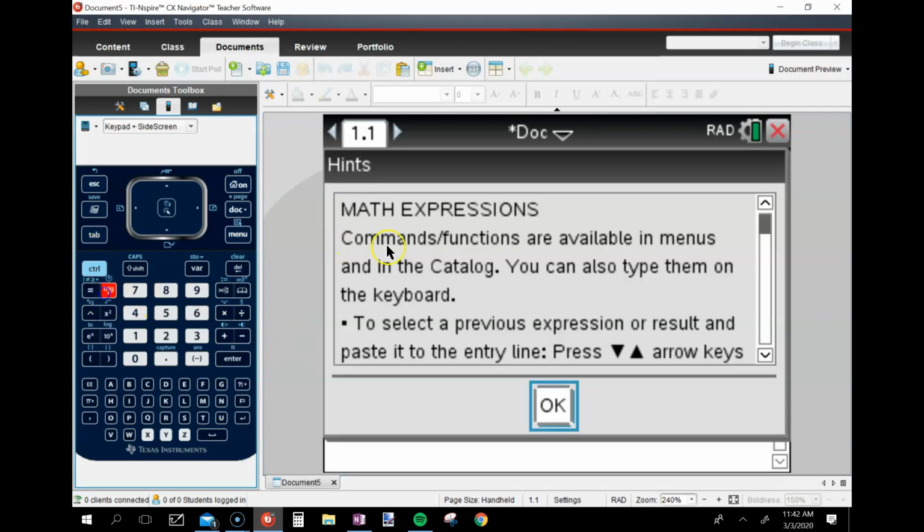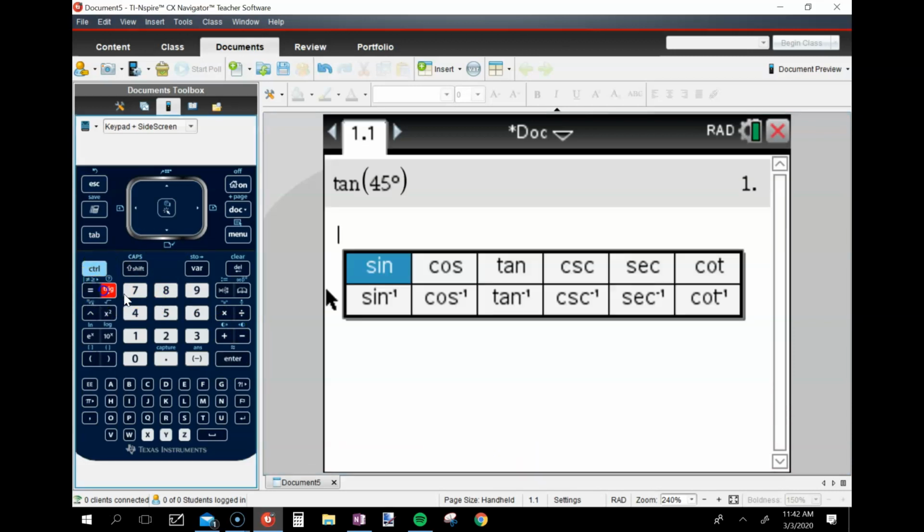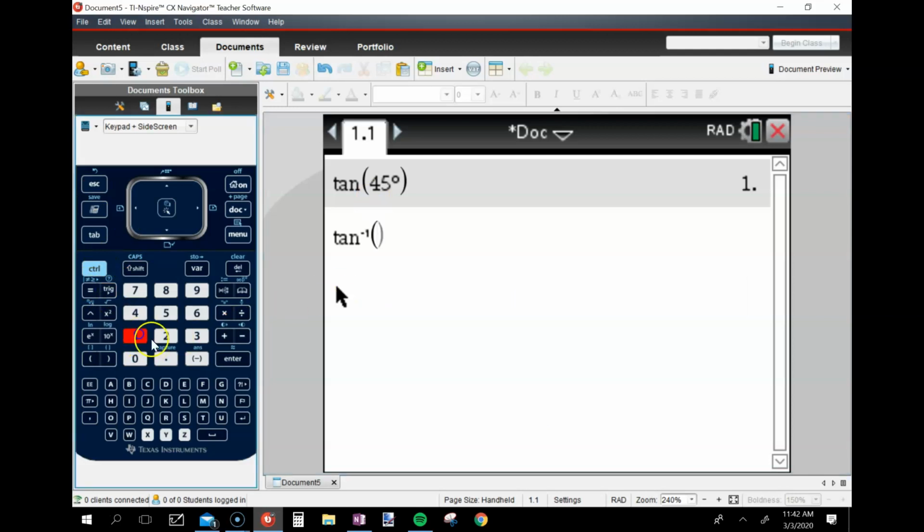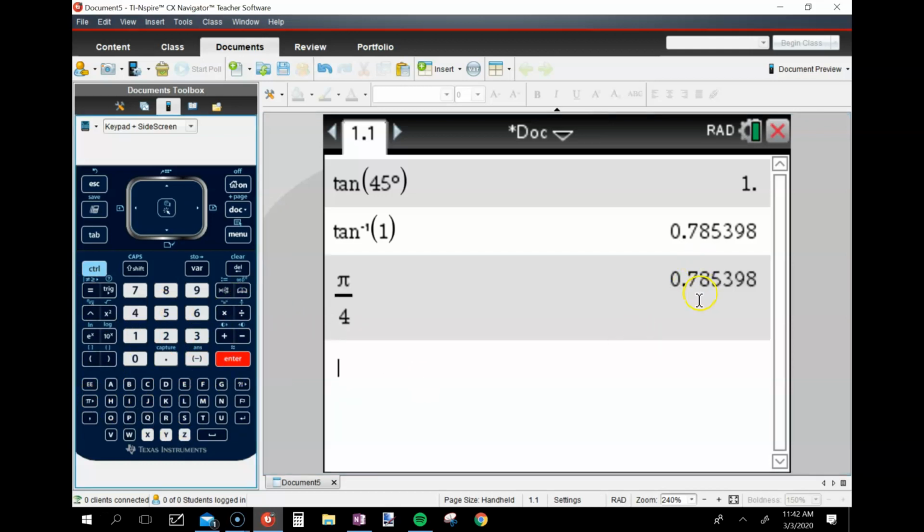So that means that tan inverse of 1 should give us, okay, but what mode am I in? Radians. So 45 would be the same as pi divided by 4, and pi divided by 4 is that. So it worked, okay? So now the question is, what is tan inverse of 1 times tan inverse of 1?